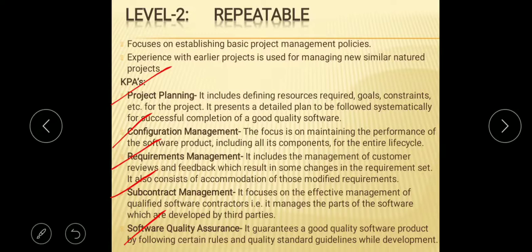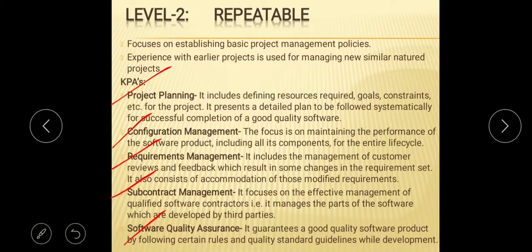It focuses on the effective management of qualified software contractors. That is, it manages the parts of the software which are developed by third parties. And the final one is software quality assurance. It guarantees a good quality software product by following certain rules and quality standard guidelines while development.